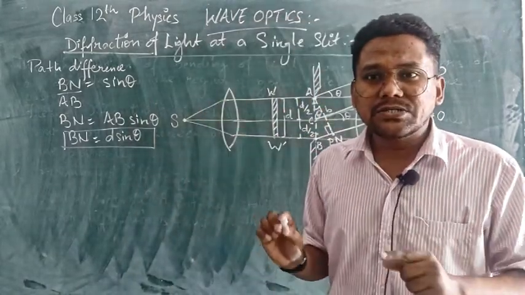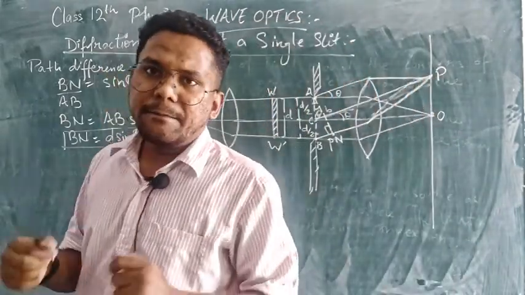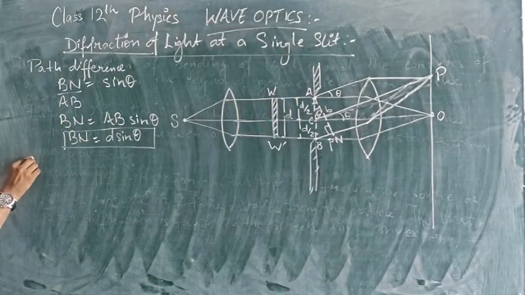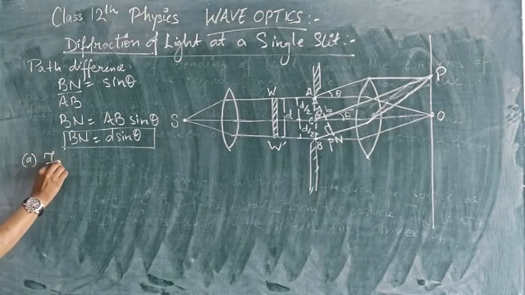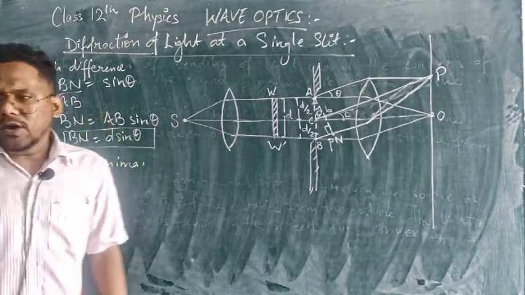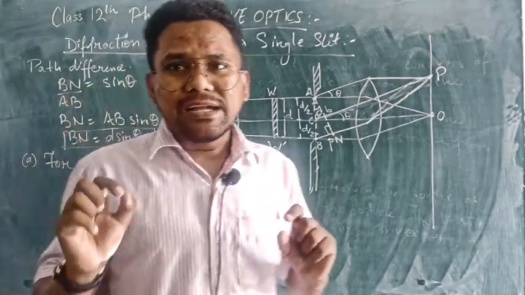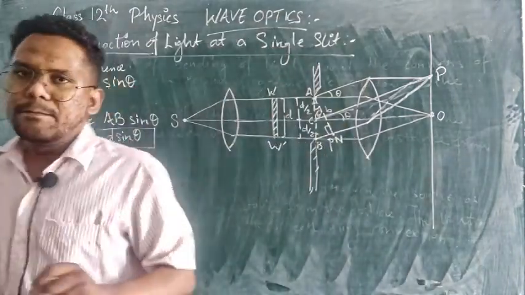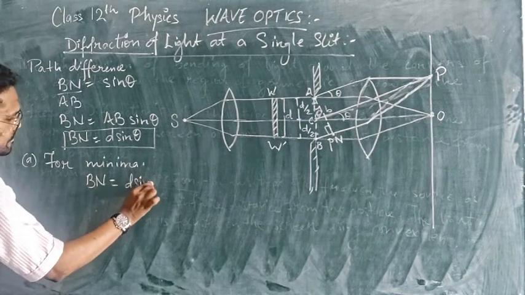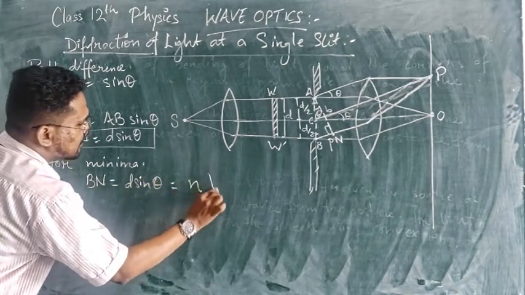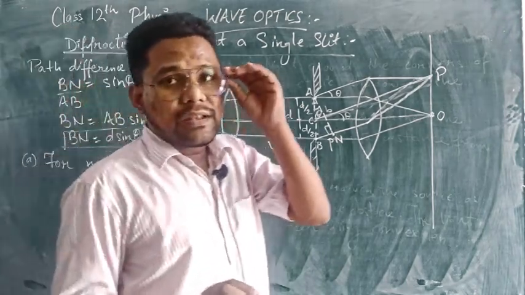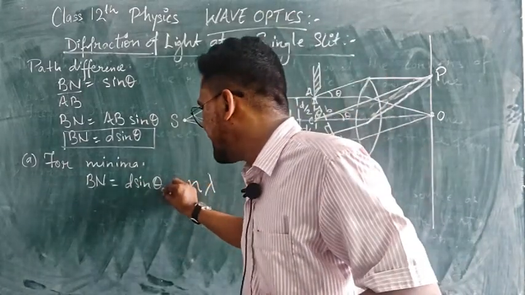Now the conditions for minima and maxima. Firstly, I am discussing minima. For minima, I am considering that the path difference BN, which is equal to d sine theta, is an integral multiple of lambda. So I am taking theta n here.